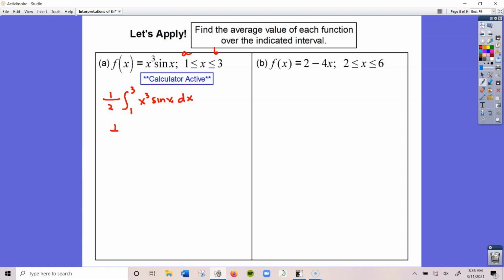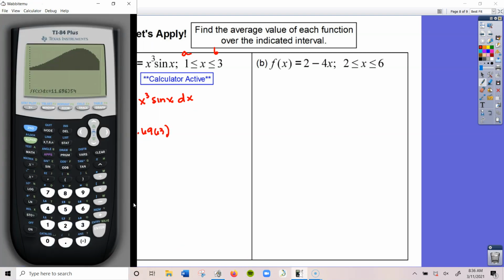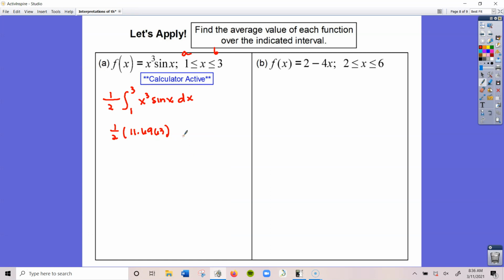So now I'm going to divide that: 11.6963 divided by 2 is equal to 5.8481. And that would be my average value.